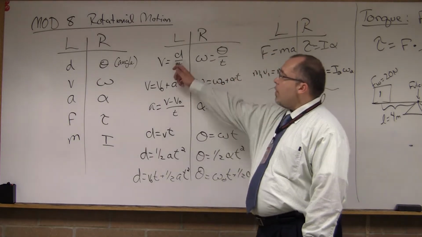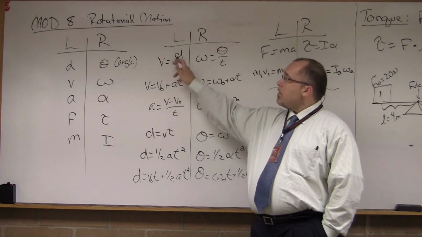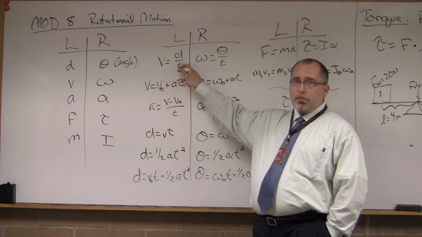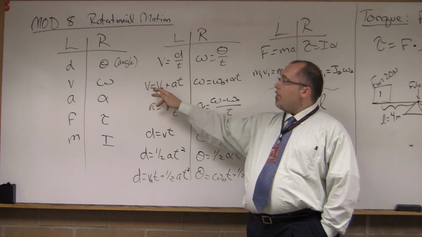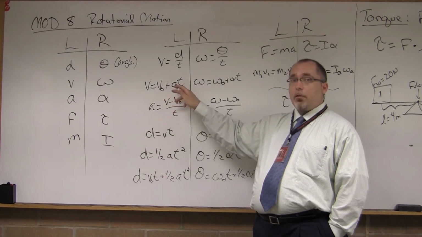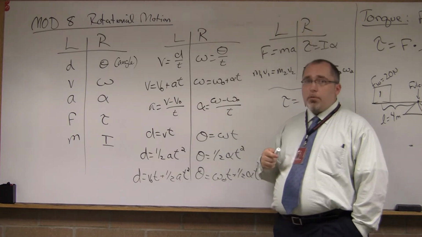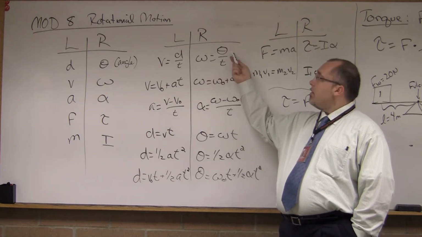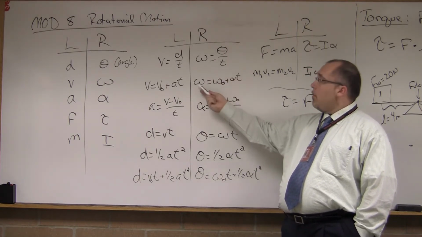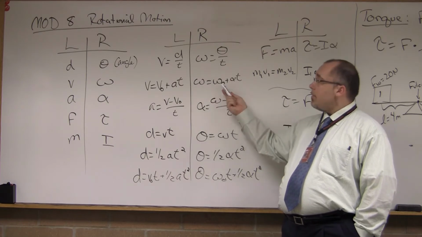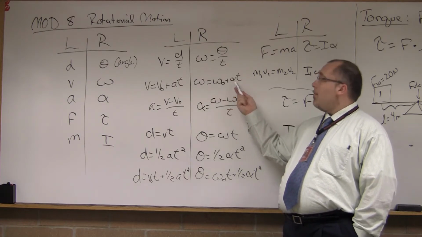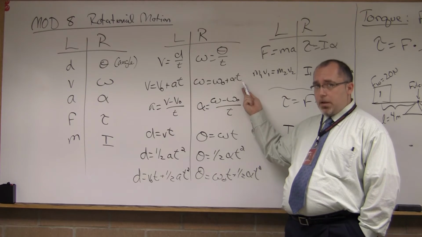It's the same mathematical relationship, but we just use different symbols to represent linear as opposed to rotational motion. For instance, the 2 velocity formulas we've been dealing with: just distance over time, if it's traveling with a constant velocity, or final velocity is initial velocity plus acceleration times time, if it accelerates. Same thing in rotational motion. Rotational velocity is the angle over time, or final rotational velocity is initial rotational velocity plus the rotational acceleration times time.